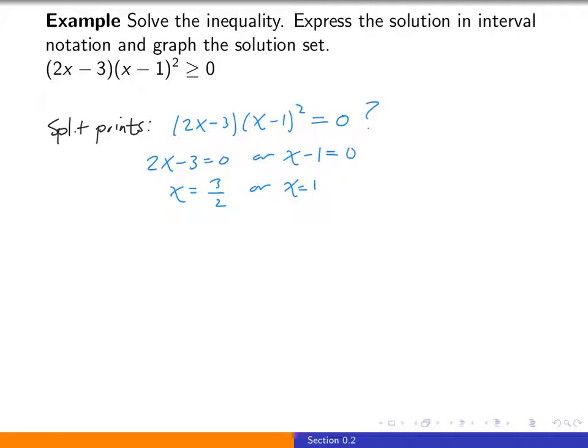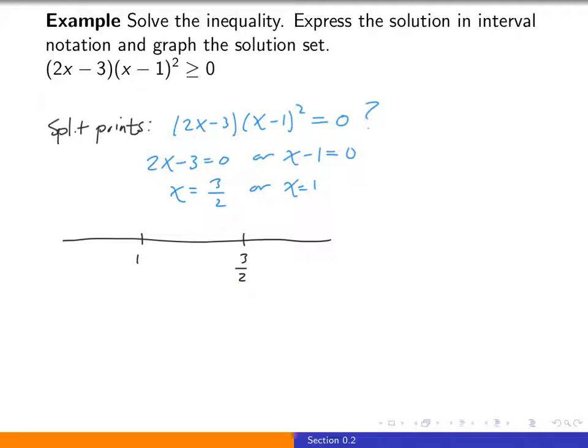So we take our split points, arrange them in increasing order, and label the number line with them. So 1 and 3/2. This takes the number line and in our case breaks it up into 3 possible intervals where our polynomial expression can be bigger than or equal to 0 or less than or equal to 0.